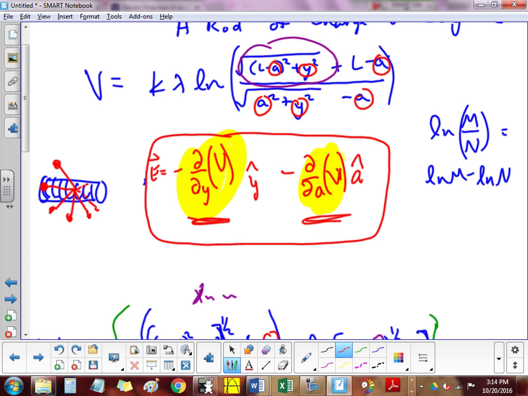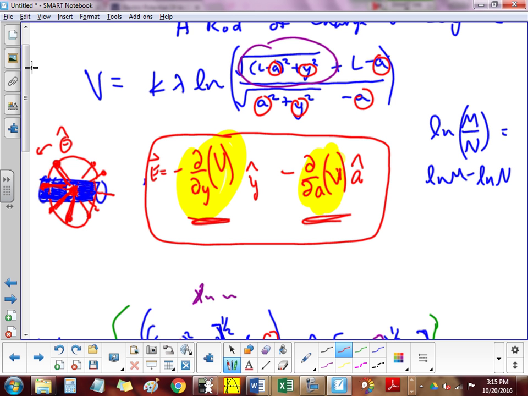So this ring is centered on the axis of the rod. Okay, as you go around that direction, that's called theta hat.